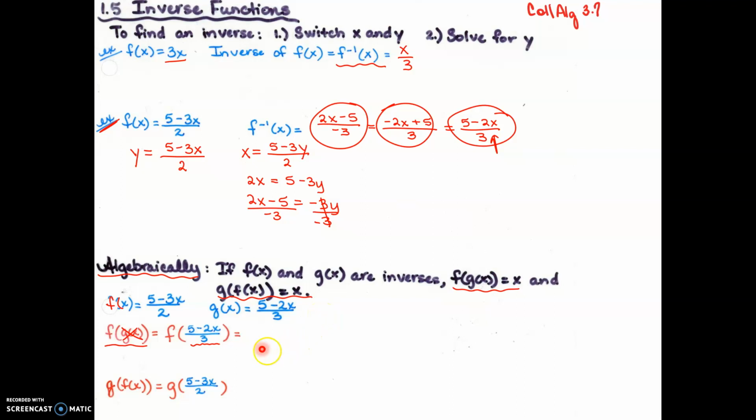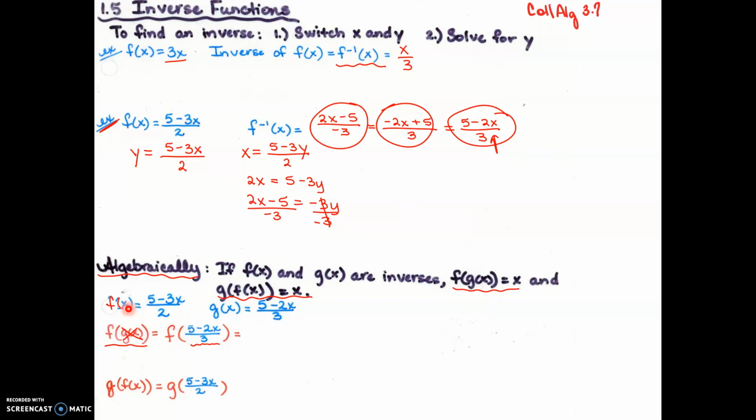All right, so if we're going to find f of g of x, remember we're going to start on the inside and replace g of x with what it's equal to. So there's the g of x function. So now we have f of the fraction. So f of the fraction says put the fraction in the place of x.